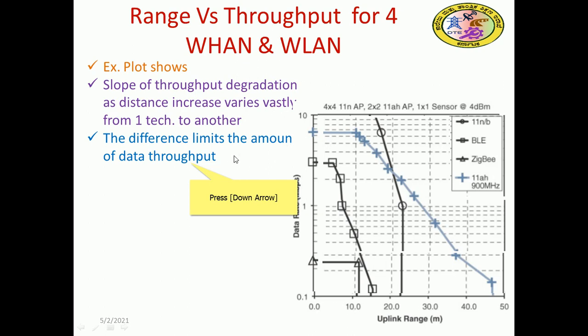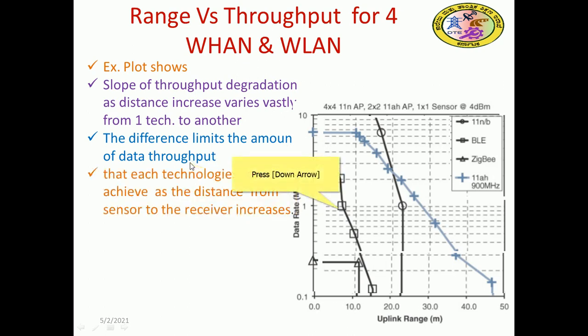So here we can see what each technology can achieve as the distance from sensor to receiver increases. Each technology has its own parameters or performance level as the distance increases. So as the receiver distance increases, the performance will be degraded here, in terms of the slopes, as we can observe. You can observe Zigbee, you can observe BLE, and you can observe 802.11ah, which has very good performance here.